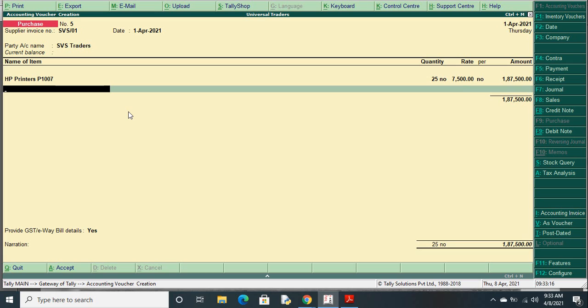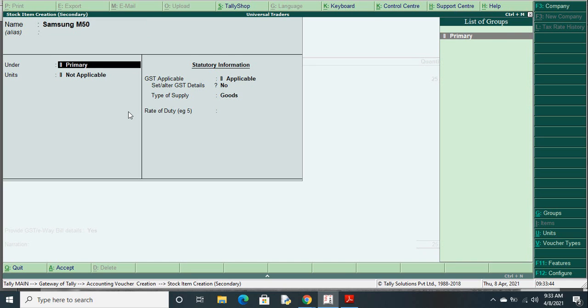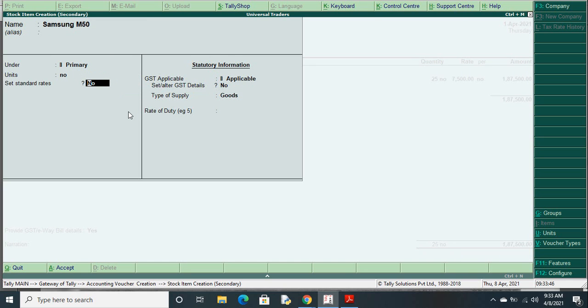Yeah, so I am going with mobile phones. Mobile phones percentage is 12%. Okay, right. Alt C. Samsung M50, primary, it is number applicable, yes.